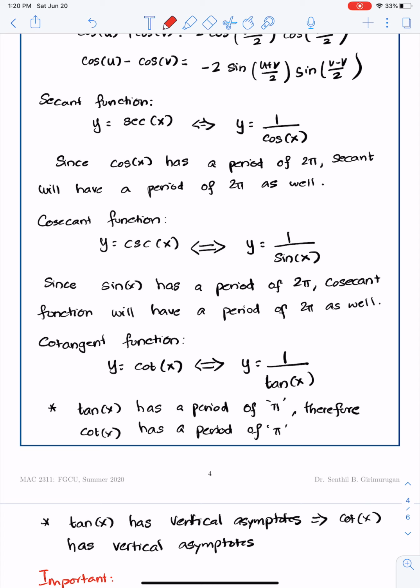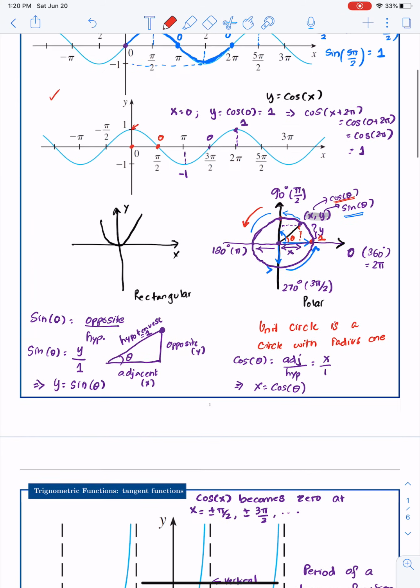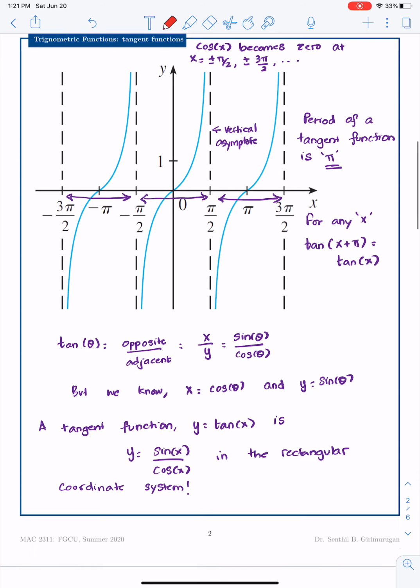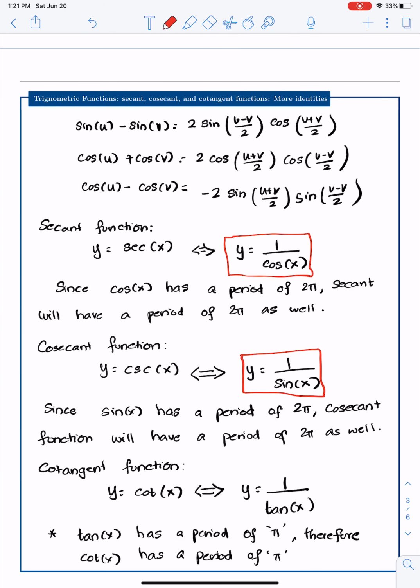We know that the cosecant function has sine in the denominator, secant function has cosine in the denominator, and we also know that both sine and cosine become 0 at set points. So that said, both cosecant as well as the secant function will have points where the denominator becomes 0.